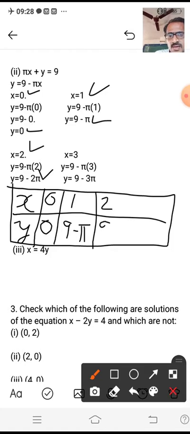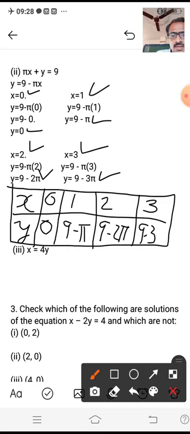It is 9 minus 2 pi. For x equals 3, what is the value of y? 9 minus 3 pi. In this way we have found the solutions, and in the same way you have to copy in your CW. Go through it.